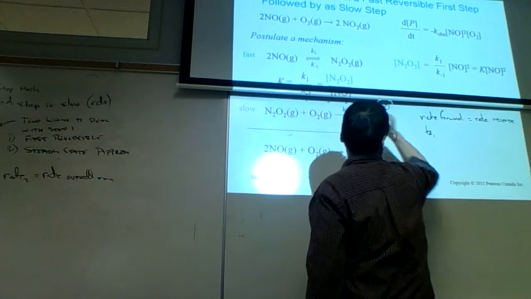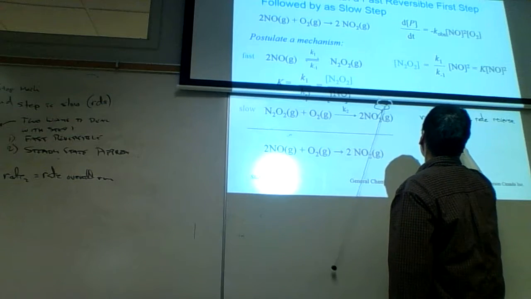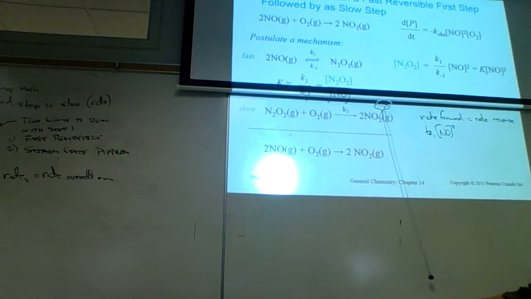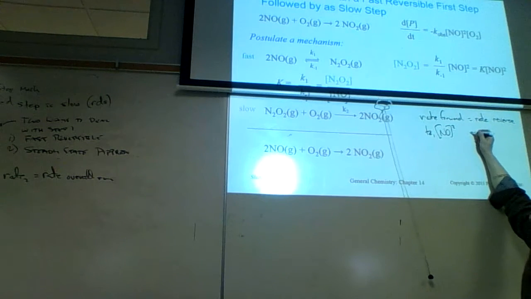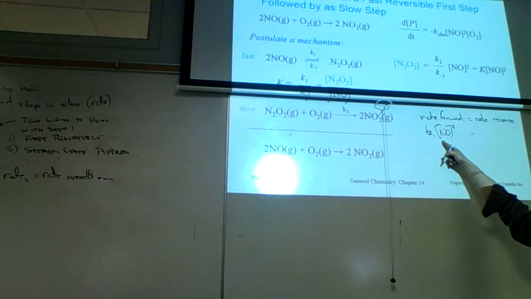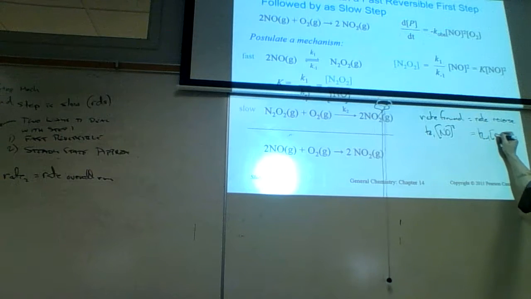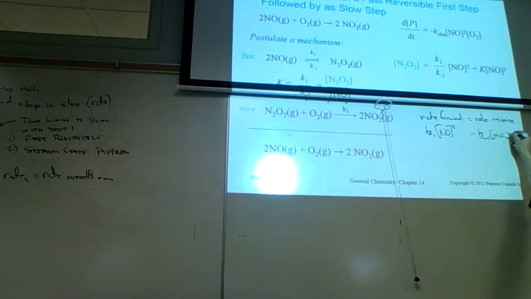And this is simple collision as well, so it's just going to be dependent on two molecules of NO. So in other words, we'll have NO squared, left NO and right NO that are going to be colliding. So that's the rate of the forward. And what we're going to say is that the rate of the forward reaction is going to equal the rate of the reverse reaction. The rate of the reverse reaction is going to be K minus 1 times the N2O2 concentration to the first. We just have one molecule. It would be unimolecular.